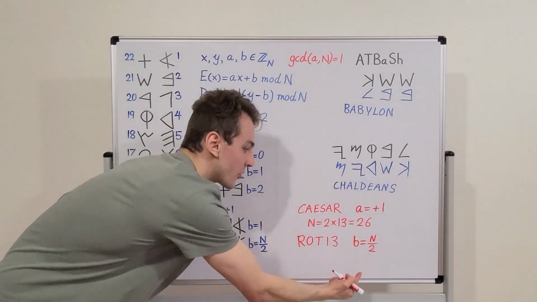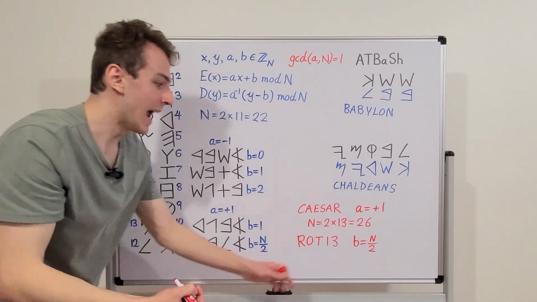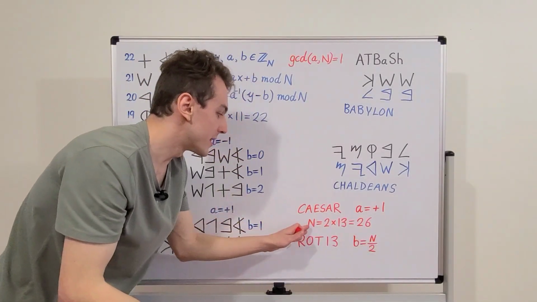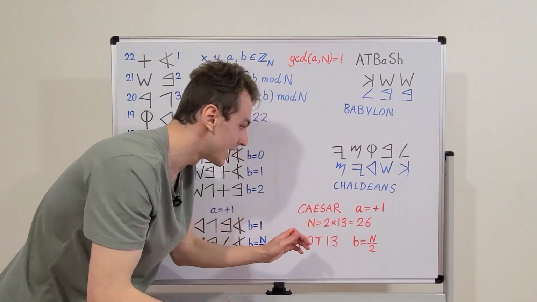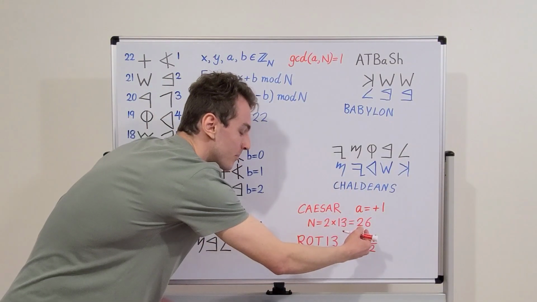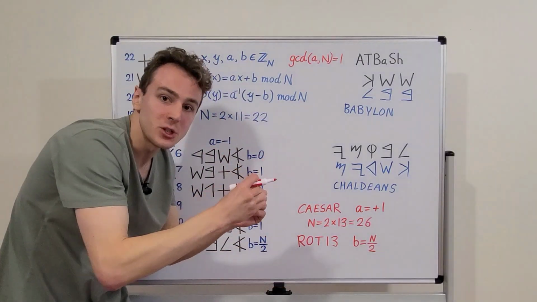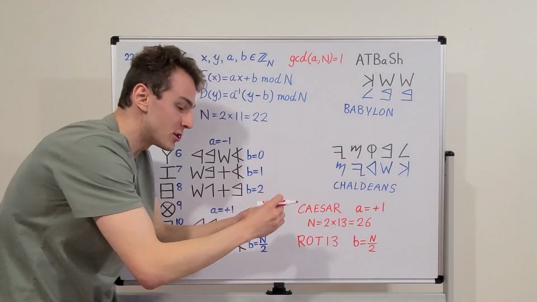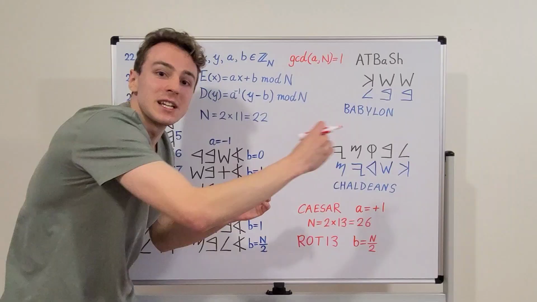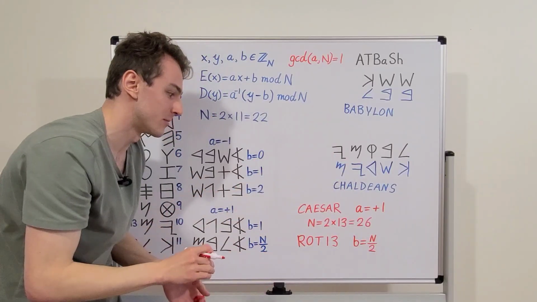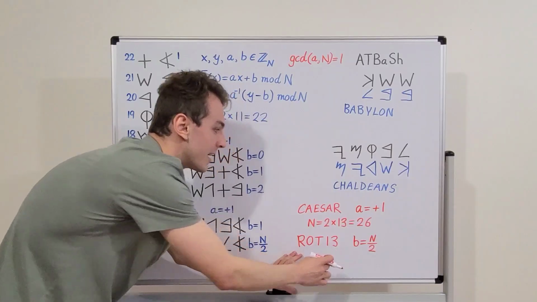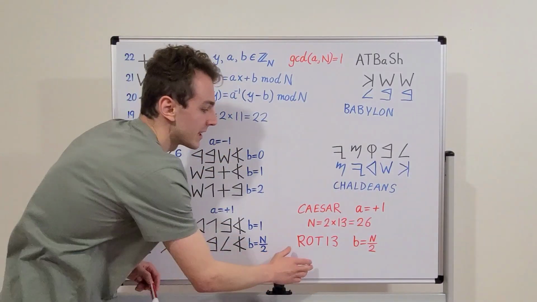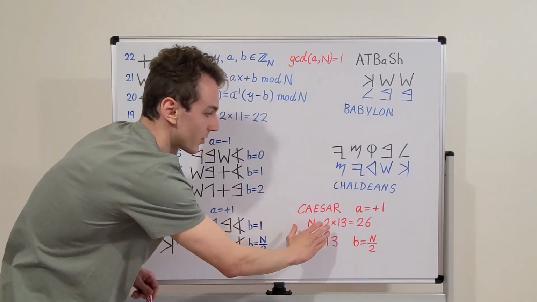So 13 plus 13 is 26, and in modular arithmetic mod 26, 26 is the same as 0. So if you add 13 to an entry, then you just have to add 13 again, and you get back to where you started. So encryption is the same as decryption for ROT13. But in general, this is not the case for a general Caesar cipher.